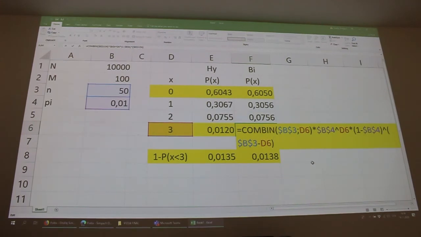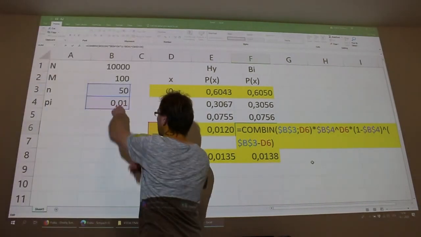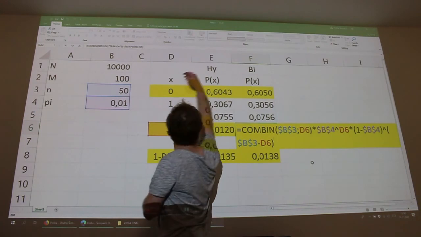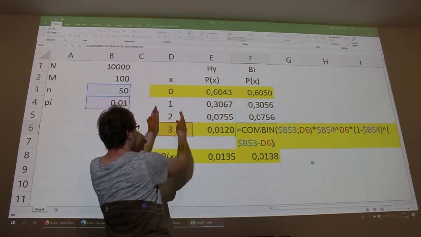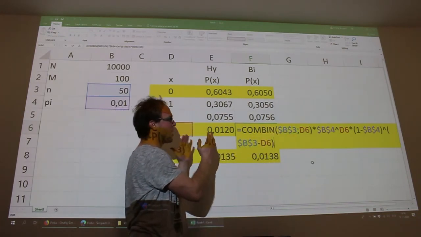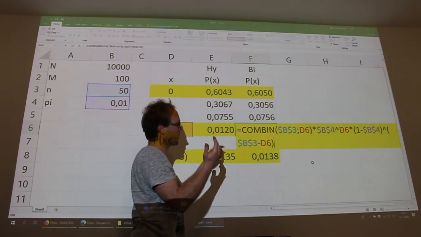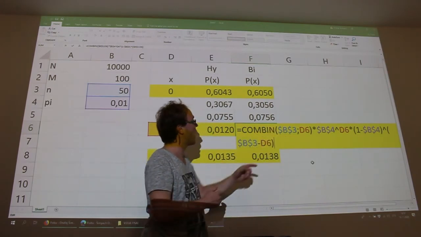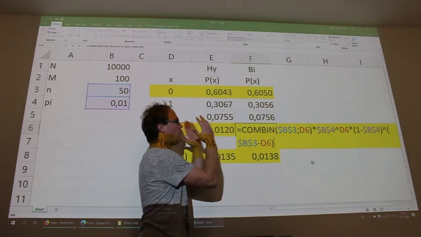We used only these two parameters, n and p, as for the binomial distribution. And this is the variable. Everything that is variable doesn't have dollars. Everything that is a parameter must have dollars, must be fixed. The cell must be locked.